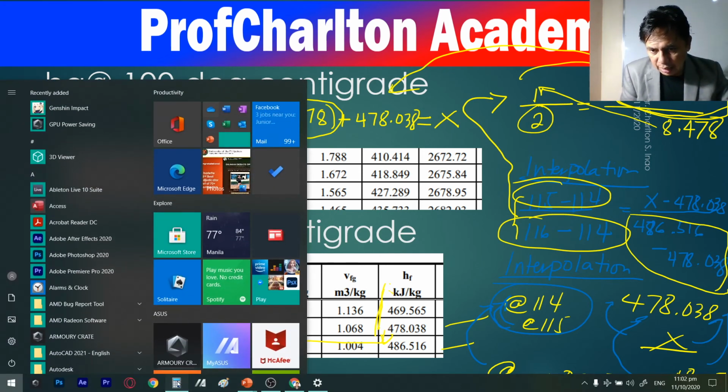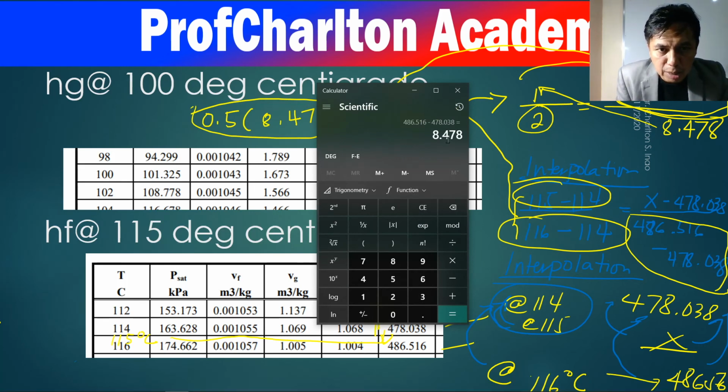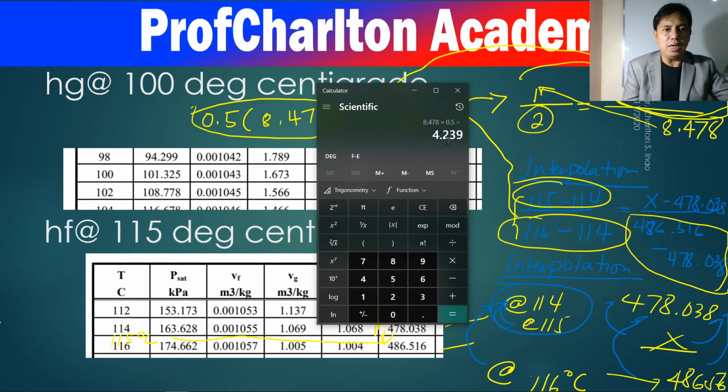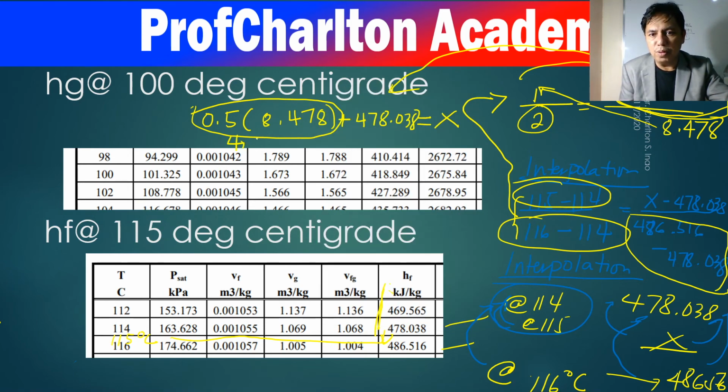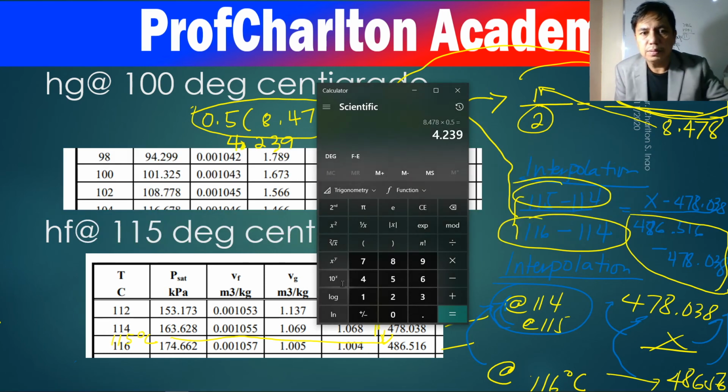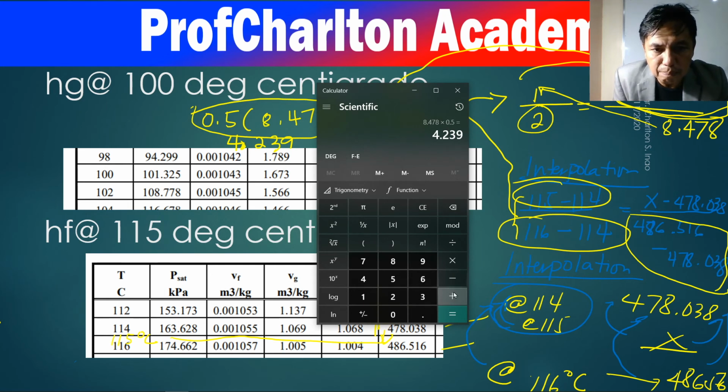We pull out our calculator again, and it's still here. 8.478 times 1/2, or 0.5. What do we get? 4.239. We get it down. This whole thing here is 4.239. Then 4.239 plus what?